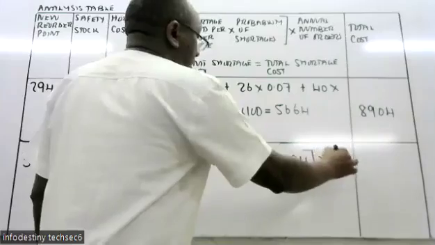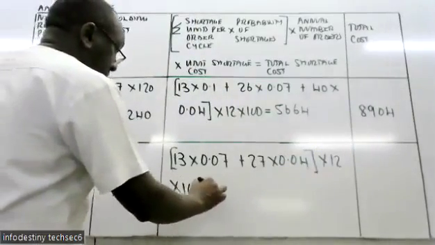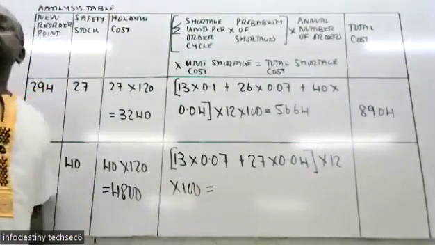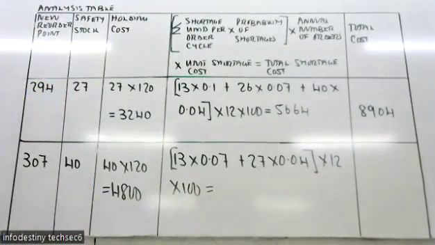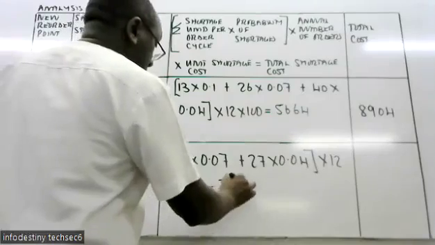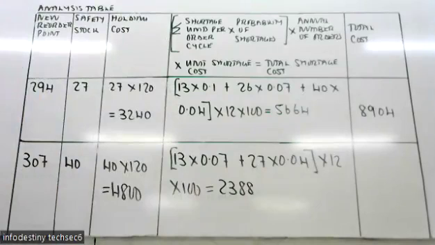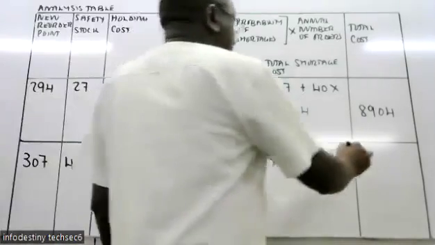You multiply by 12, you multiply by 100. So ukiongezea hiyo, 7188.